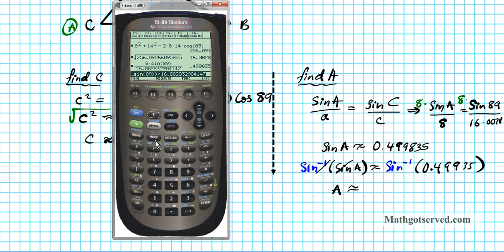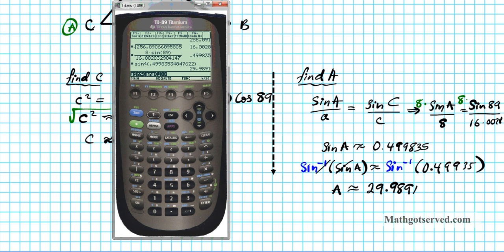We just take the inverse sine of our answer, and we'll get 29.9891.